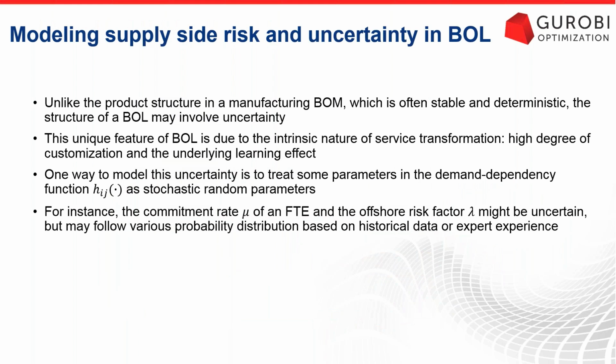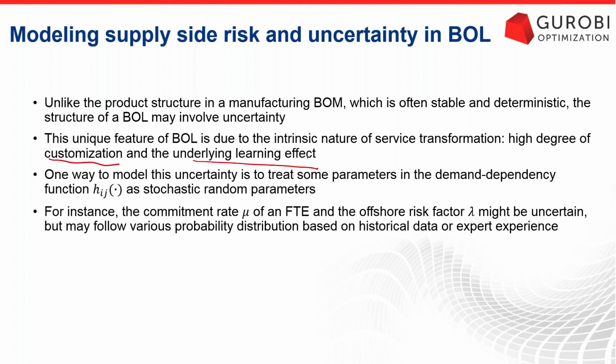Unlike the typical bill of materials in the manufacturing setting, in bill of labor for service delivery, the decision maker may encounter a significant amount of uncertainty, mainly because of the high degree of customization and the underlying learning effect involved in service projects and delivery.